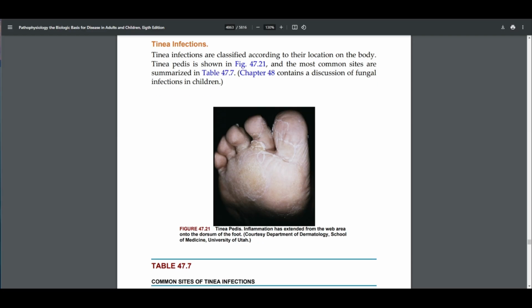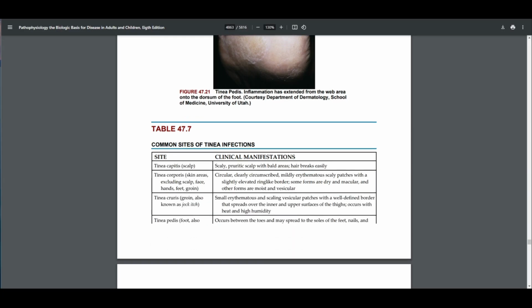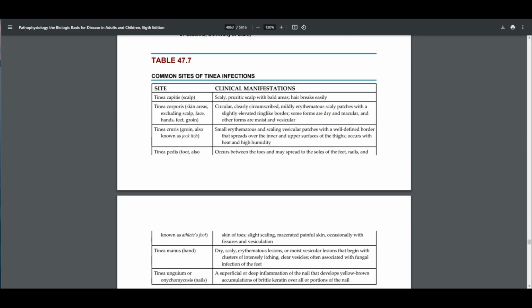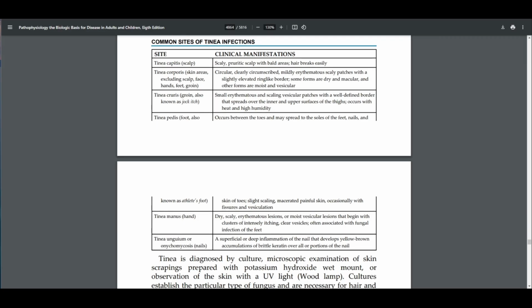So let's take a look at that table and hit pause. Common sites: tinea capitis, the scalp; tinea corporis; tinea cruris; tinea pedis; tinea manuum; tinea unguium, or onychomycosis. Again, if I ever go too fast, pause, pause, pause.